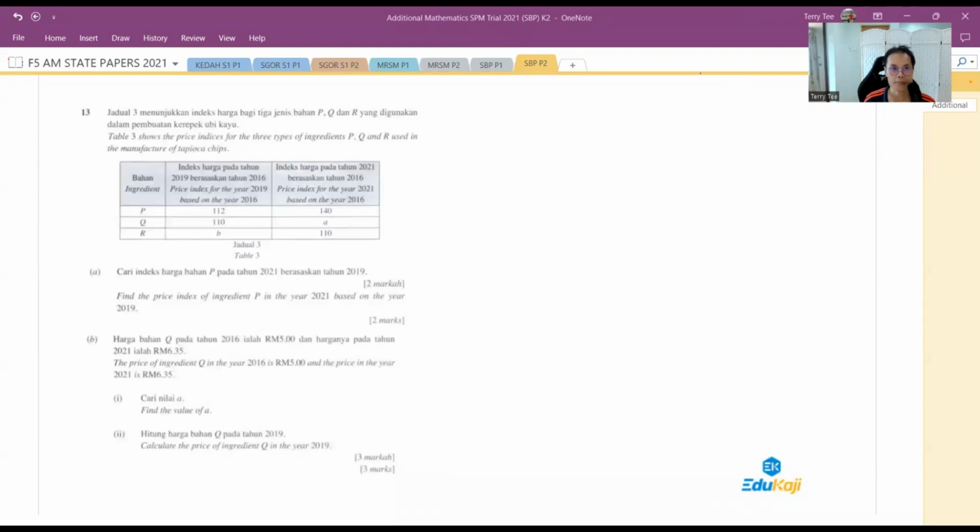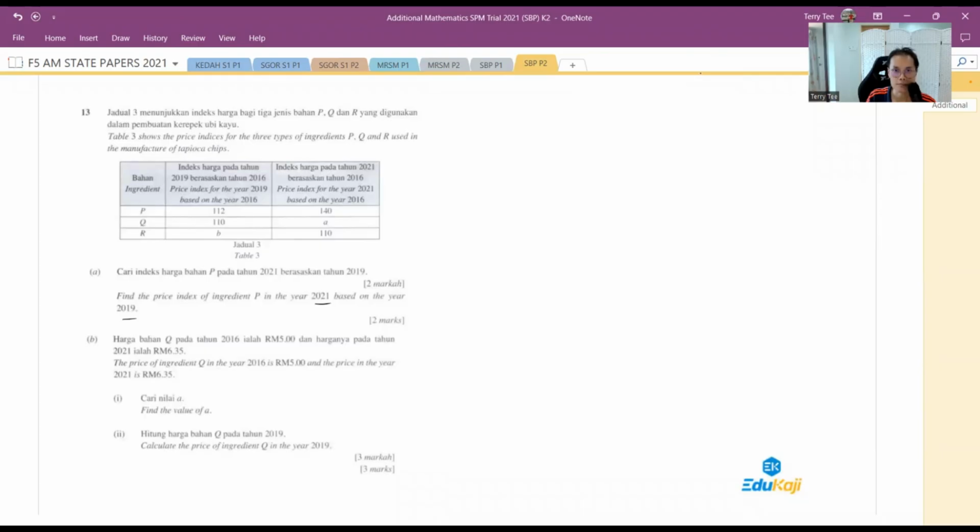Question number 13. This is index number from form 4 chapter 10. The diagram shows the price indices of 3 types of ingredients P, Q, R used in manufacturing tapioca chips. You are finding the first part, the price index of ingredient P in year 2021 based on year 2019. Here you notice there are 3 years involved.